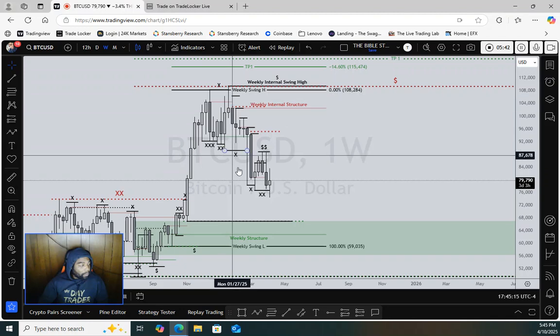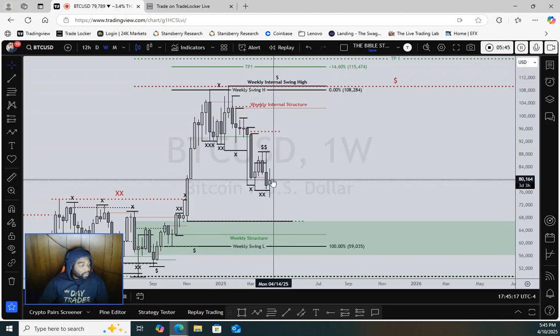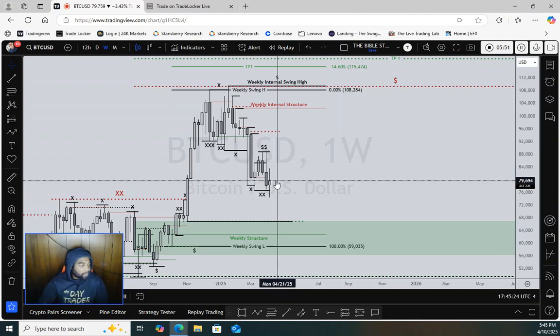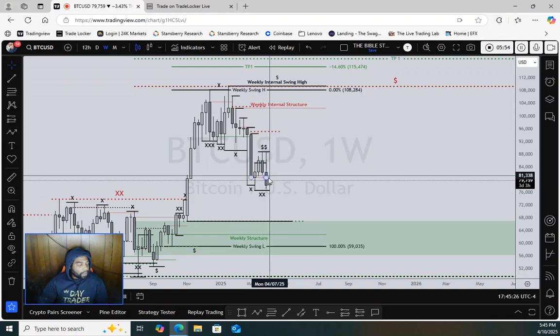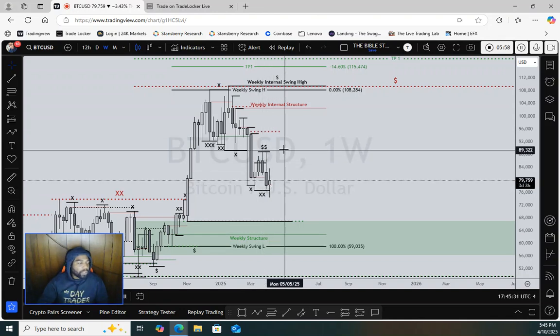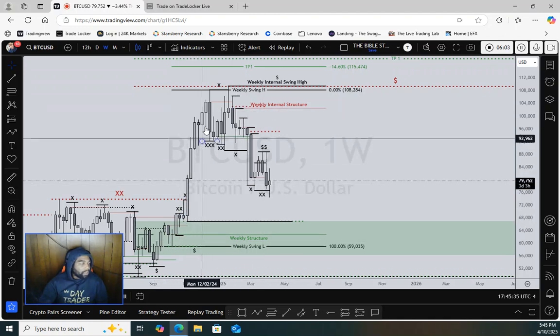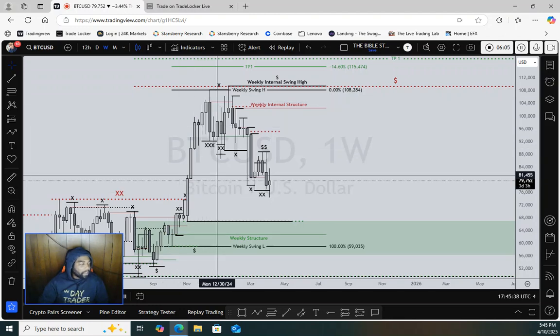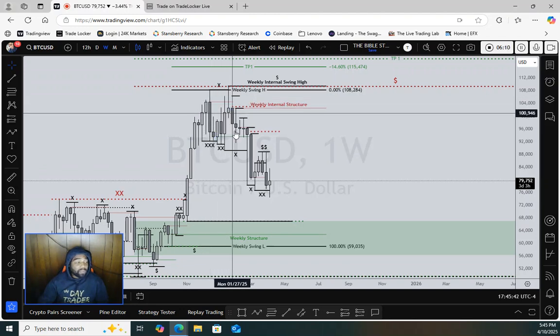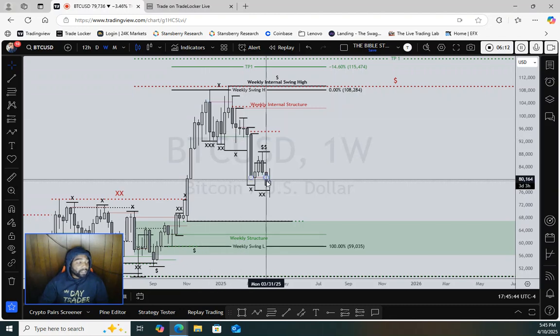So when price does give us that bullish candle pattern, right, here on the weekly time frame, then that will be the start of the weekly bullish retracement inside of this internal structure. You know, we got this bullish expansion, and inside of this bullish expansion, we are encountering this bearish price action.